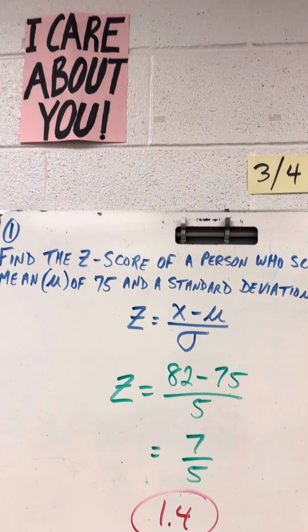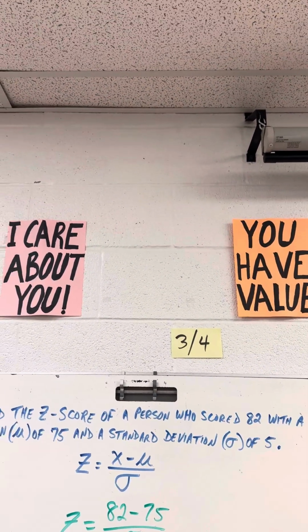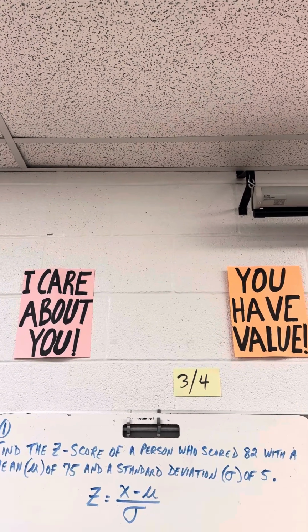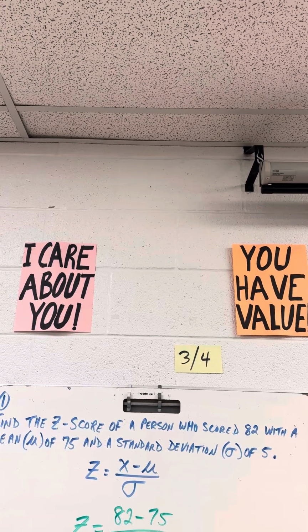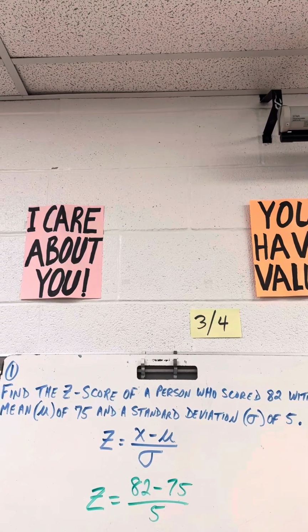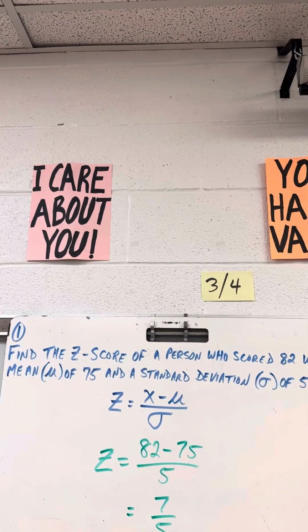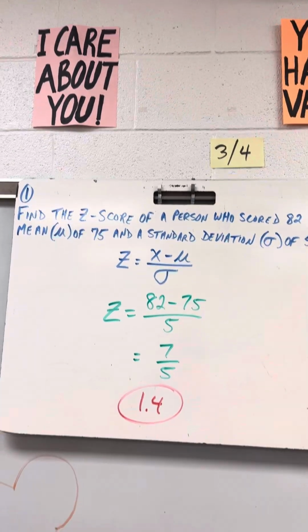So, find the Z-score of a person who scored 82 with a mean, or mu, of 75 and a standard deviation, sigma, of 5. All right, so we do 82 minus 75 divided by 5. 82 minus 75 is 7, and 7 divided by 5 is 1.4.